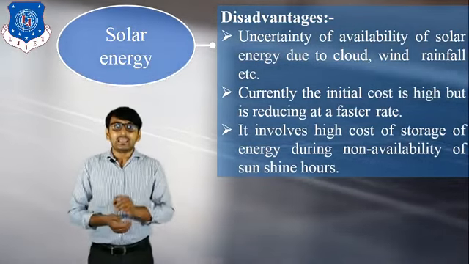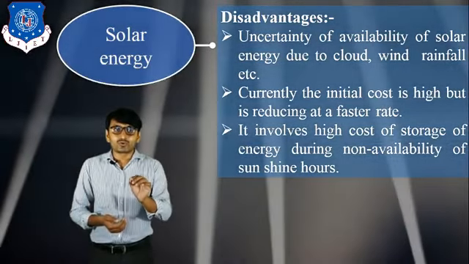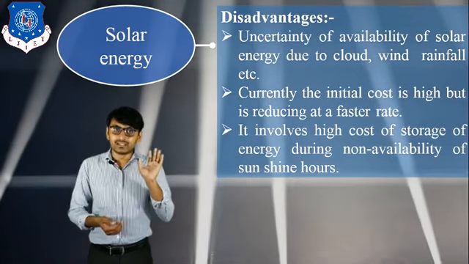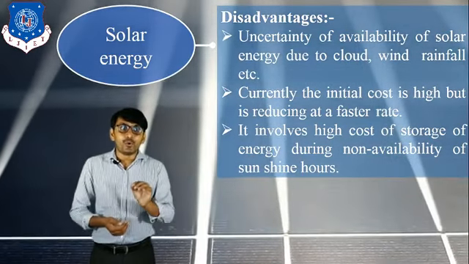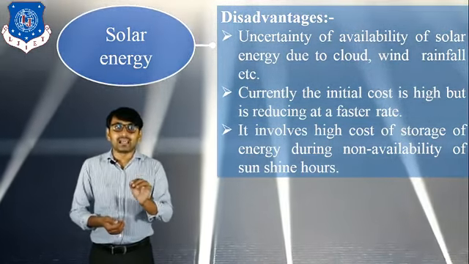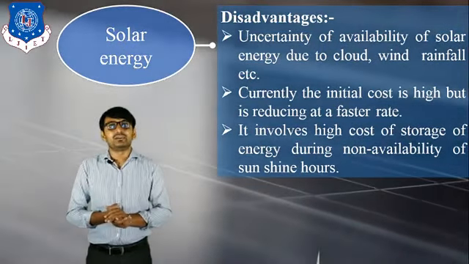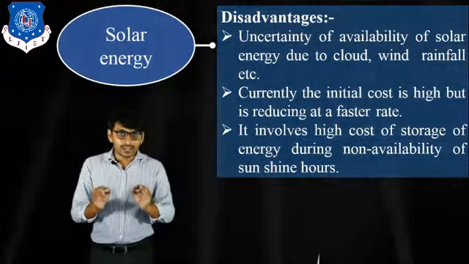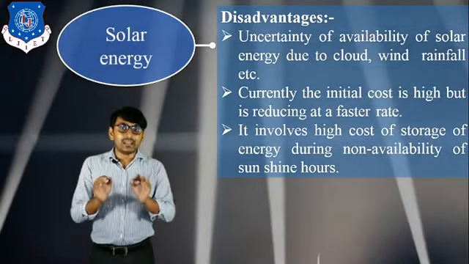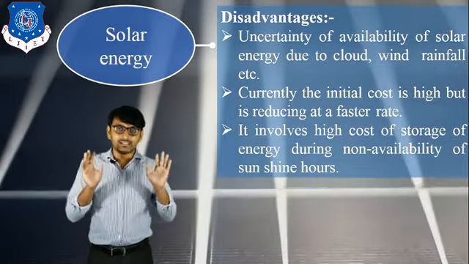And third one, it involves high cost of storage of energy due to non-availability of sunshine hours. So these are some disadvantages of this energy. So solar energy is a renewable source of energy.